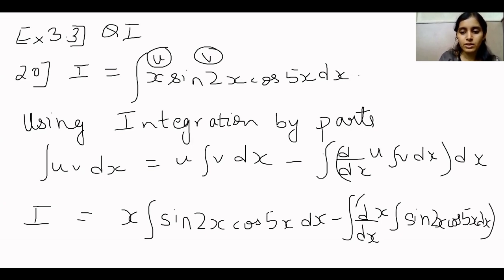Now what you can observe here is we have an integration whose value we don't know, that is this over here. So what we'll do is we'll find out its integration separately.